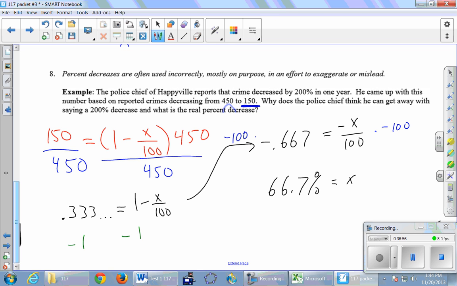If you take 200% of this 150, what do you have? That's 300, and that's exactly how much you need to add to get up to 450. So he did it the wrong way. It's the same issue that Griffin helped us with before: what is the reference that you're comparing to? If you're comparing to 450, then it's 67% off. But if you're comparing to 150, it's 200% up. So you've got to be really careful what the baseline is.